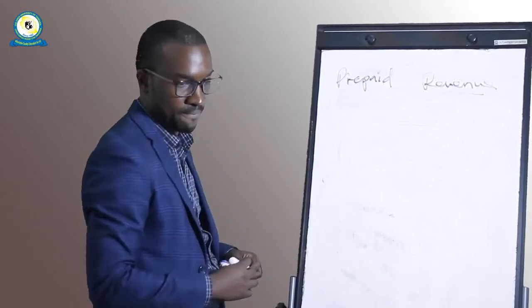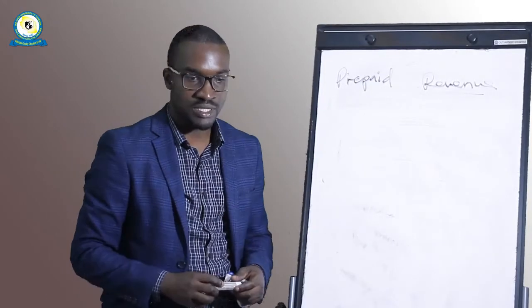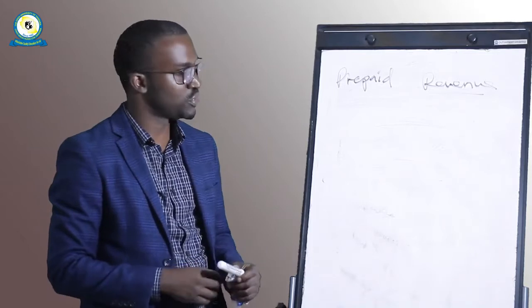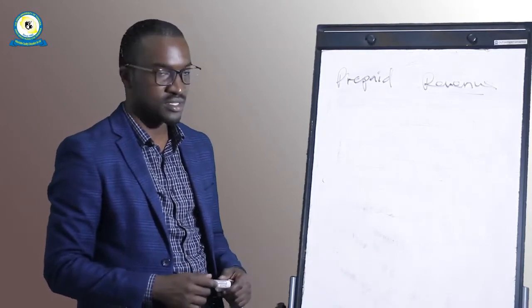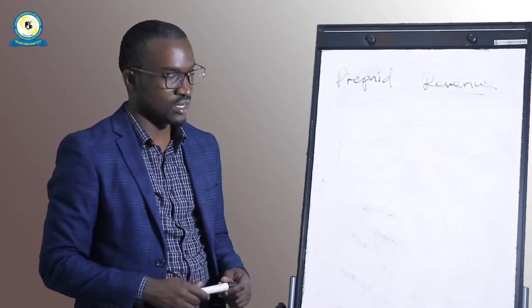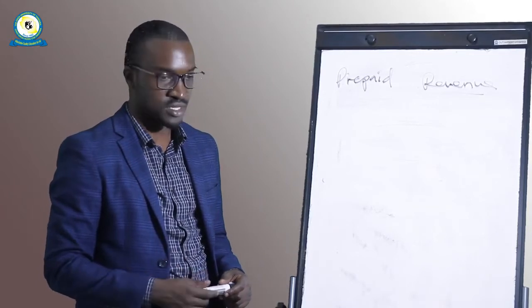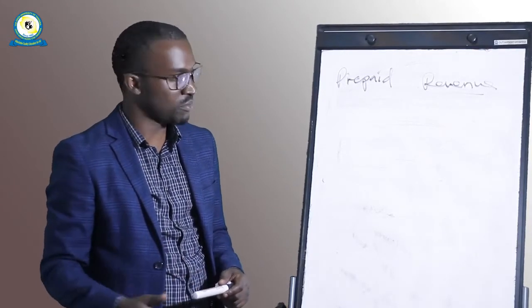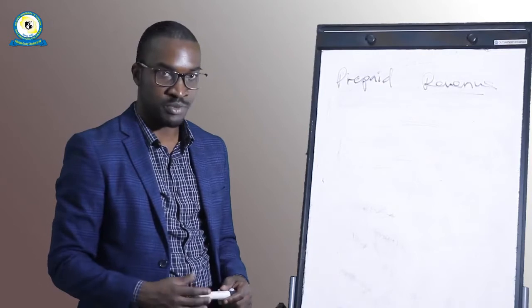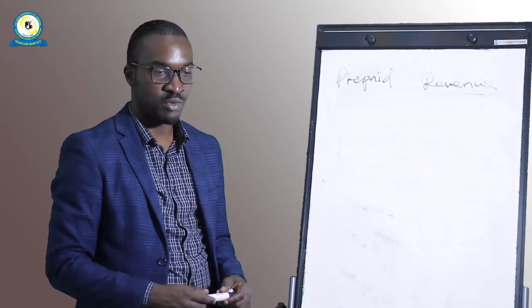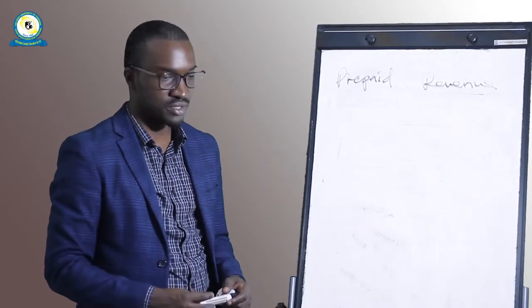An example of prepaid revenue. Okay. Now let us assume that we have a business that has a financial year ending again 31st. We're going to use the same example, but on 1st January of that year, you have rent receivable, because it is a prepaid. You have rent receivable paid in advance of 350.